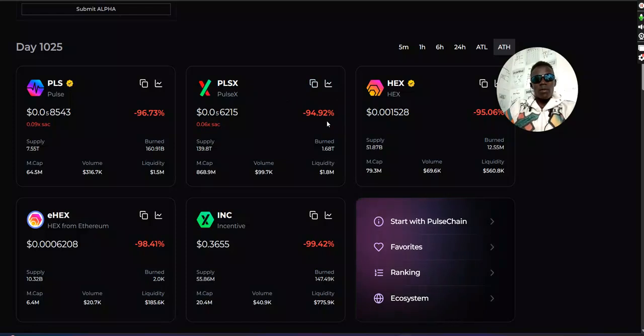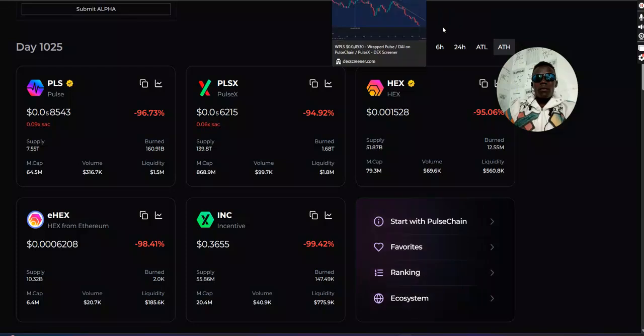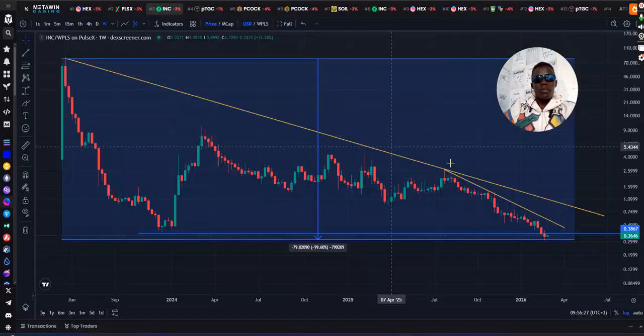Every token that was on the Ethereum blockchain was now existing on the PulseChain blockchain. That was around March 2023, around this period when it was launched. Since then until now, it has been in existence, and that is how it has been performing.